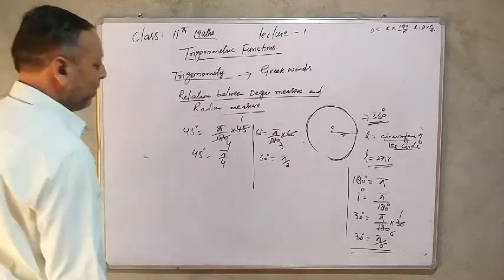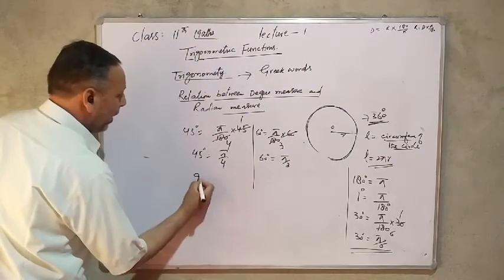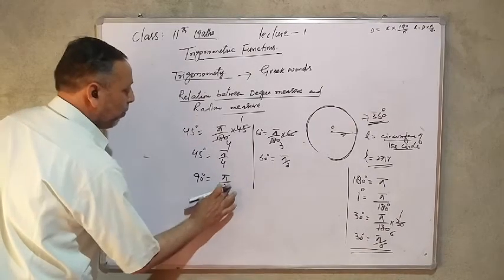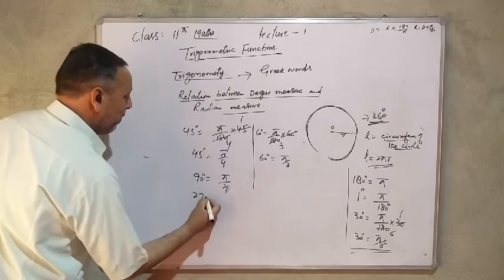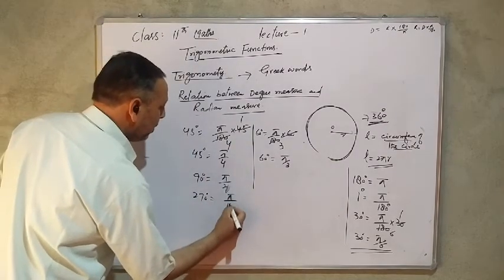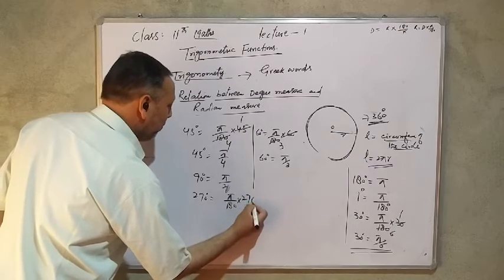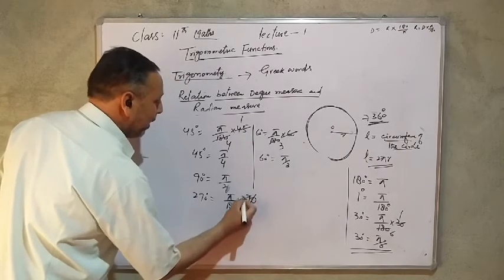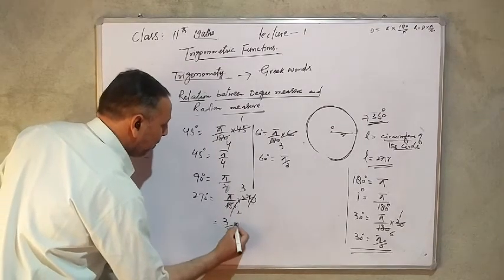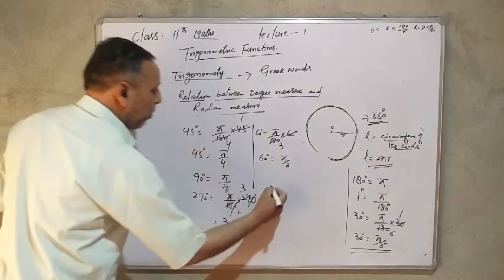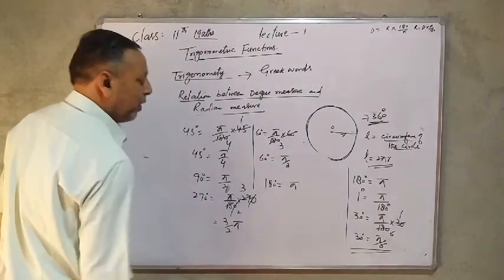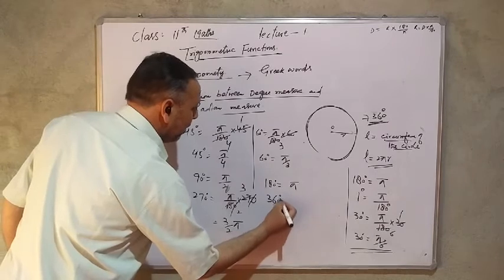Similarly, 90 degree will be pi by 2. 270 degree will be pi by 180 into 270. 0 and 0 cancel. 9 threes are 27, 9 twos are 18. So it will be 3 by 2 pi. 180 degree will be pi. 360 degree will be 2 pi.